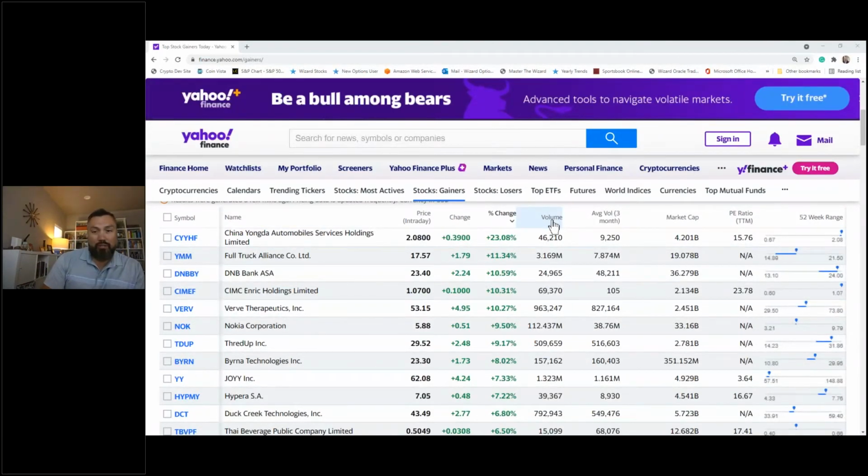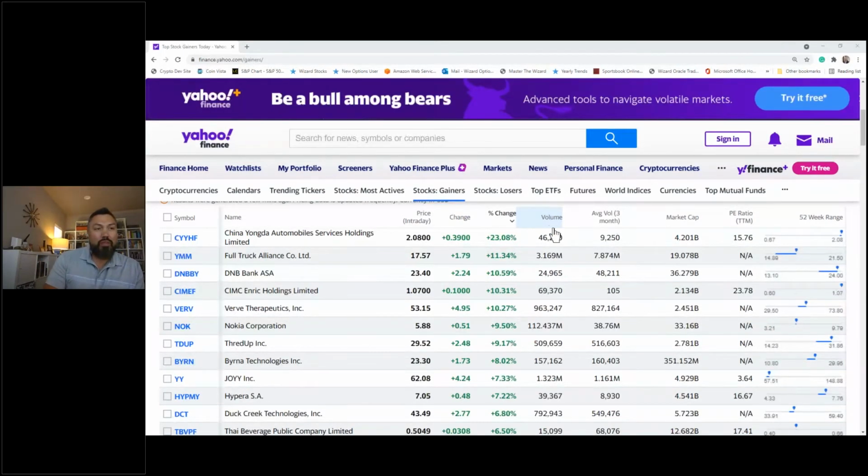Today's is this volume column, the number of shares traded today. Typically CYYHF trades 9,200 shares a day on average. Well, today there's 46,000 shares. Mathematically, that's 5 times 9, 45. So 5 times the normal activity, and the stock surged 23%.